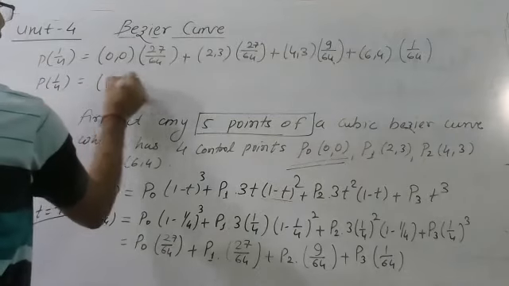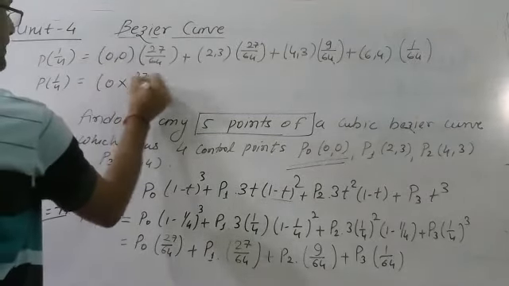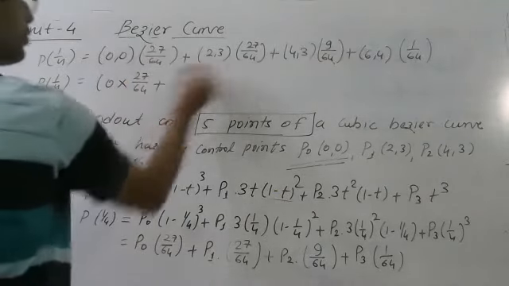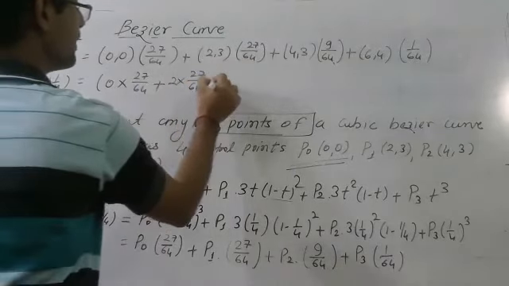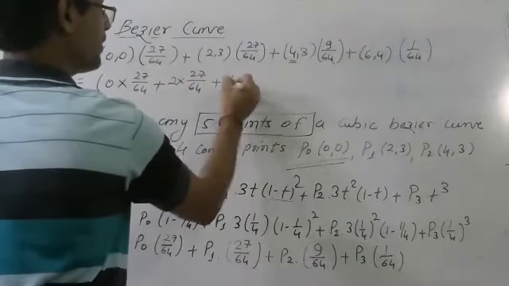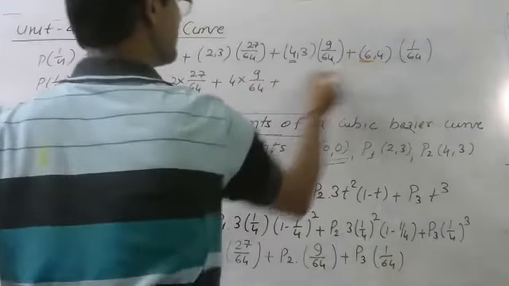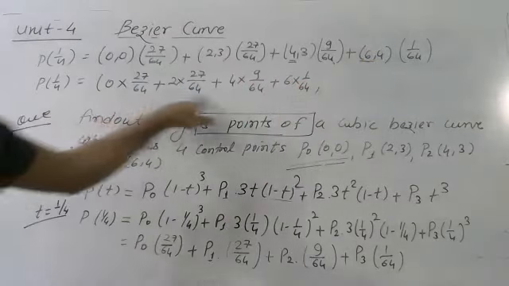So I am separating all the x coordinates: 0 multiplied by 27/64, plus 2 multiplied by 27/64, plus 4 multiplied by 9/64, plus 6 multiplied by 1/64. This will give us the x coordinate.